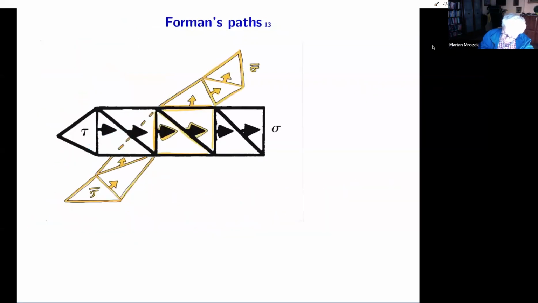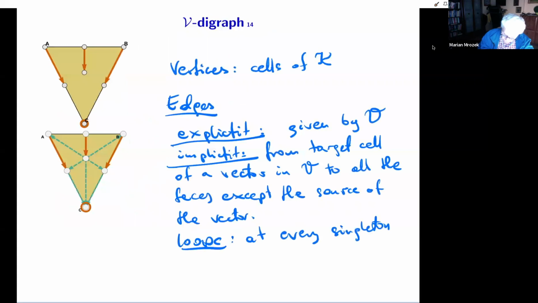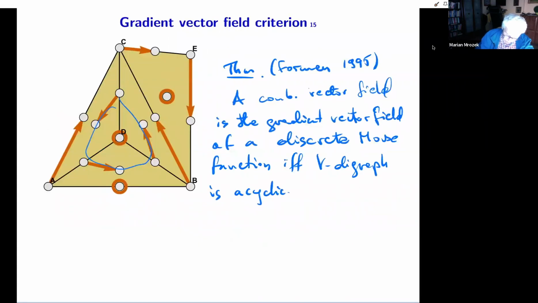So the reverse criterion comes directly through the study of this directed graph. Forman formulates it a little bit different via his paths, because all he needs is this concept of closed trajectory here. But this is an equivalent formulation.